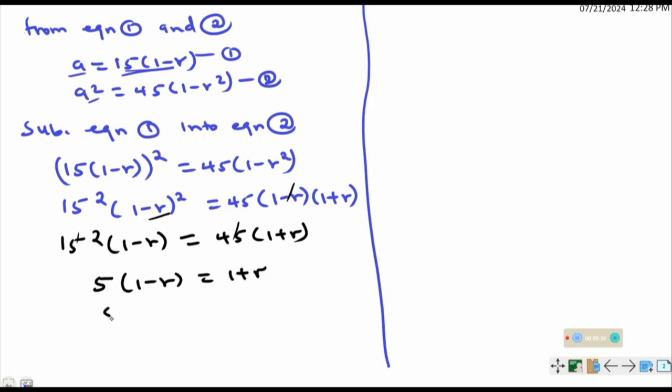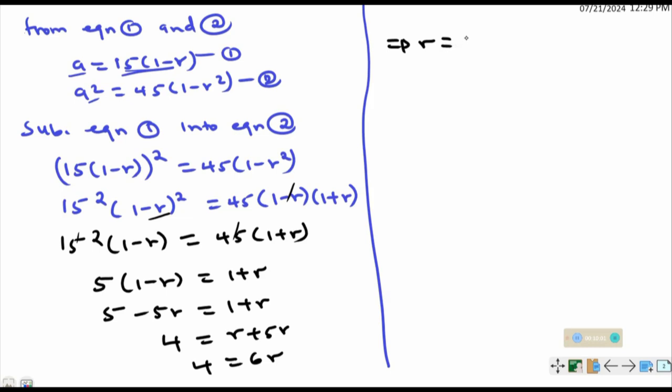For that case, we shall have 5 minus 5r, which is the same as 1 plus r. So you can collect like terms. You have 5 minus 1, which is 4, which is equal to r plus 5r. So it means 4 is actually the same as 6r. So from there, it will imply that our r is 4 by 6, which is the same as 2 by 3. Therefore, r is 2 divided by 3.